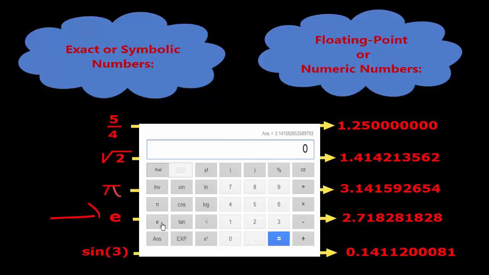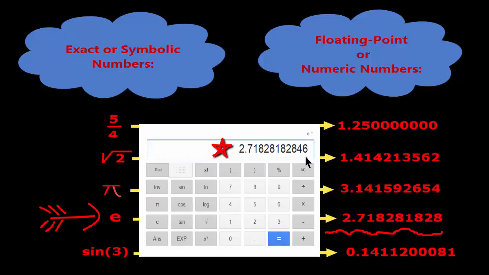For exact number, such as e, by rounding off or approximating, we can get the numeric number 2.718281828.